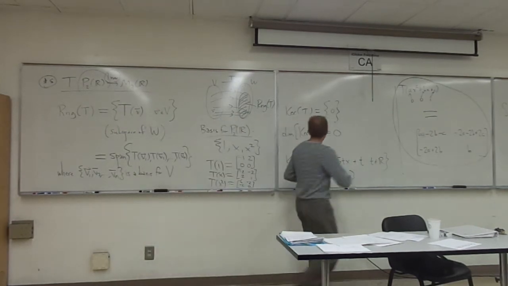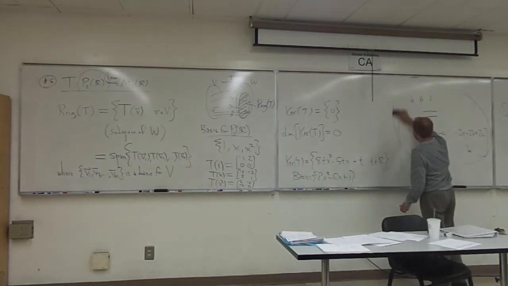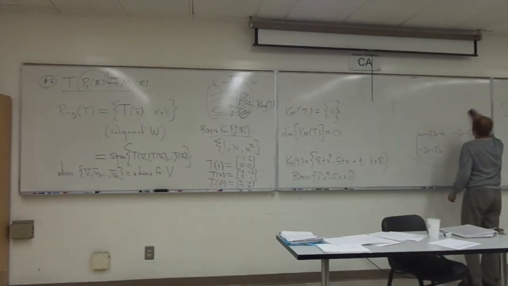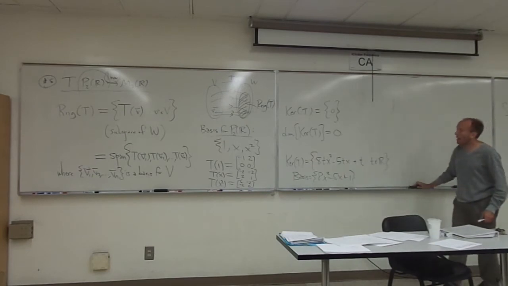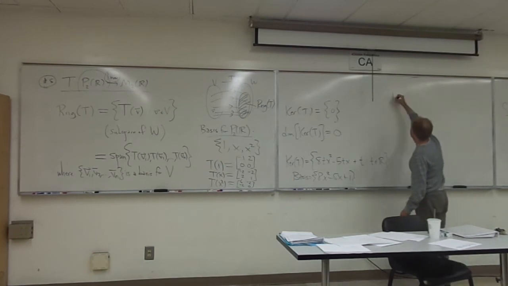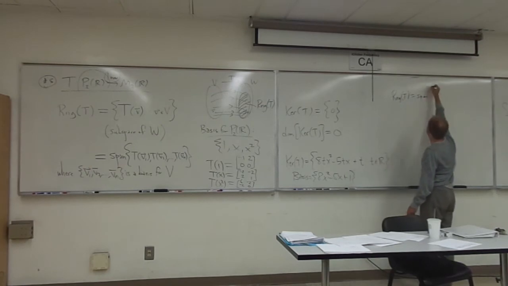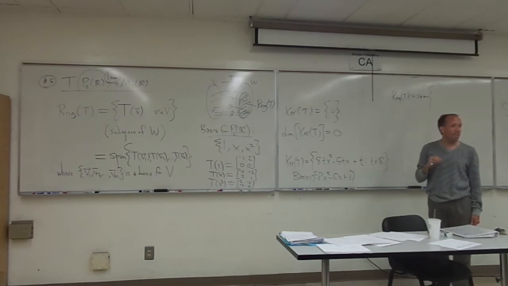Okay. So now I think I'm going to erase this now. We've got what we need out of this one. So we have the range of T then. So here you go. What is the range of T? The range of T is the span of those three matrices. Right?